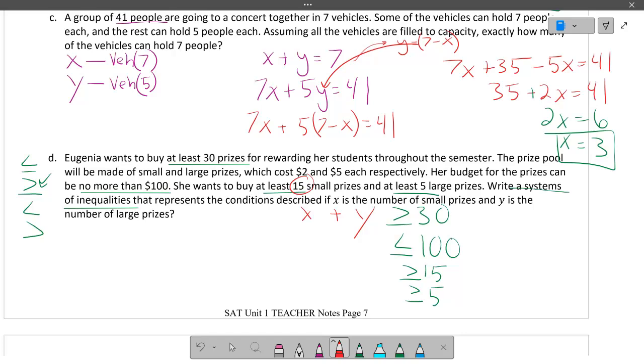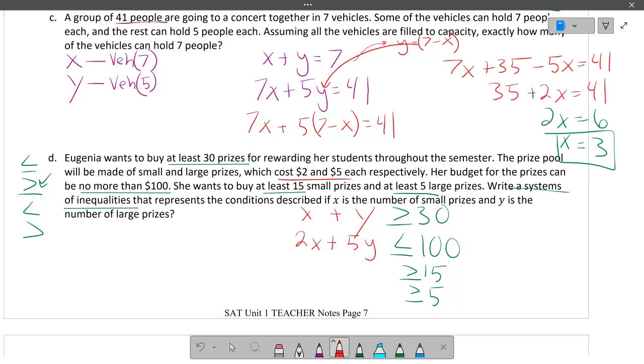So now I have another constraint. My cost needs to be less than or equal to $100. So I need an expression that would be used to calculate the cost. 2x plus 5y, because those are the costs associated with each of the prizes.